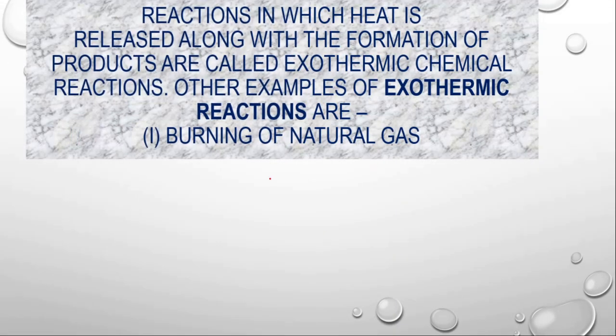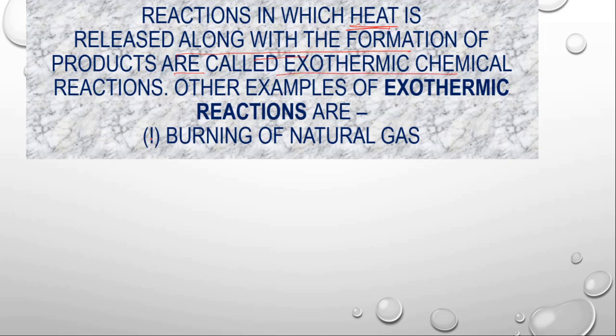Okay, as we have already read about it, the reactions in which heat is released along with the formation of products, we can say energy, those reactions are known as exothermic reactions.